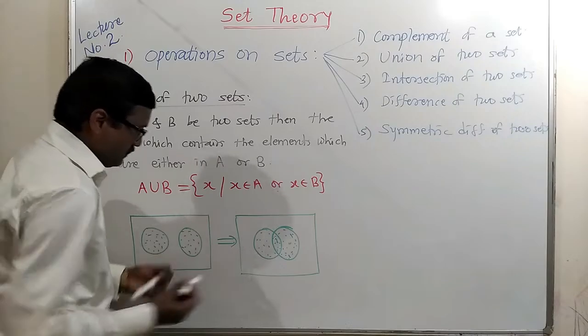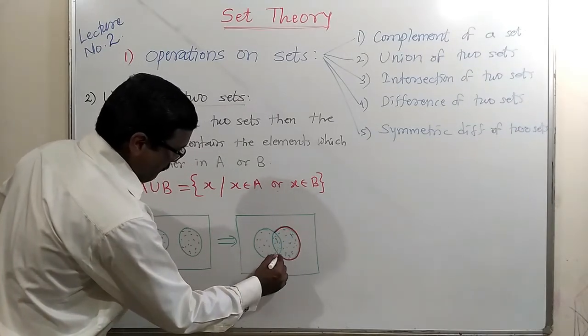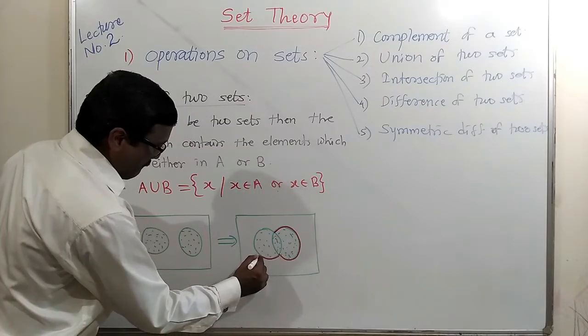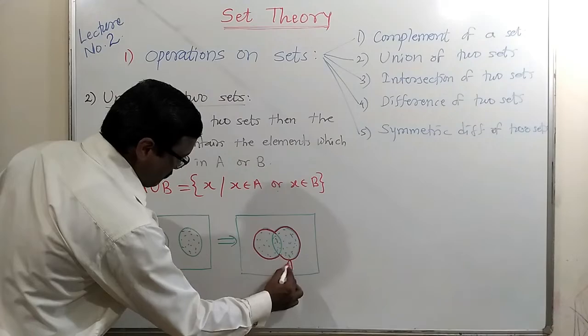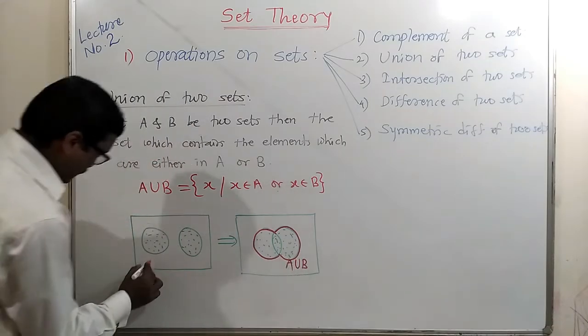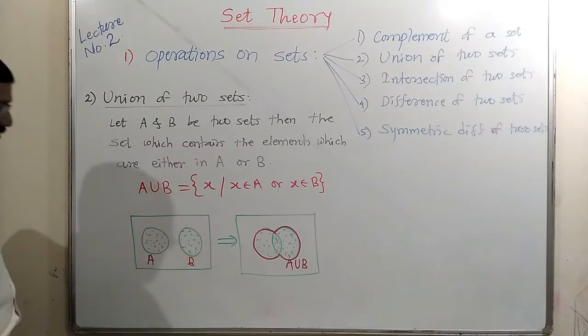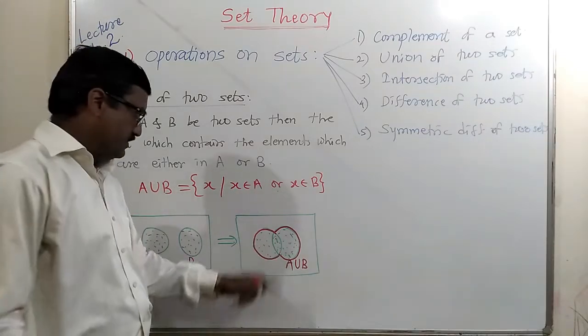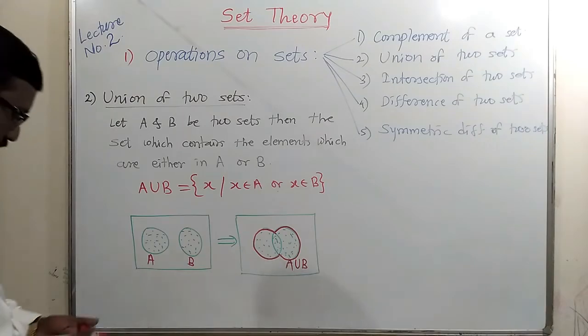We can draw an outline for union. Okay, so this is A union B. Here is A and here is B. So this figure shows the union of two sets.